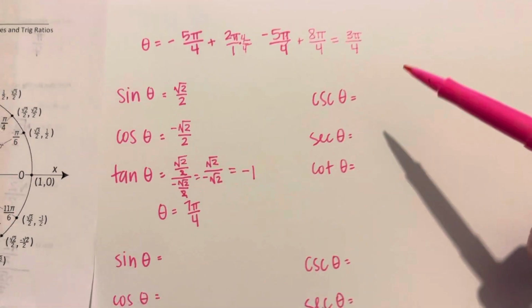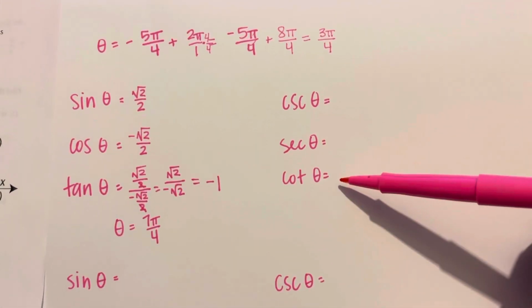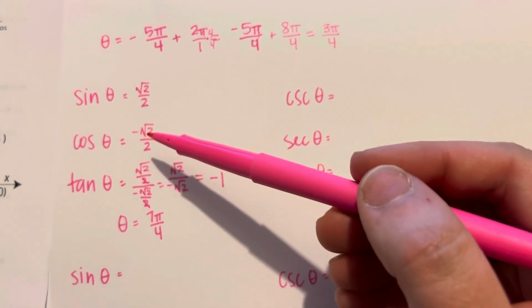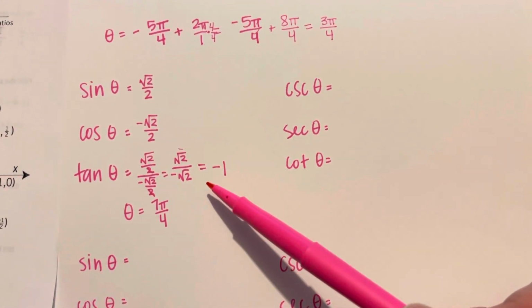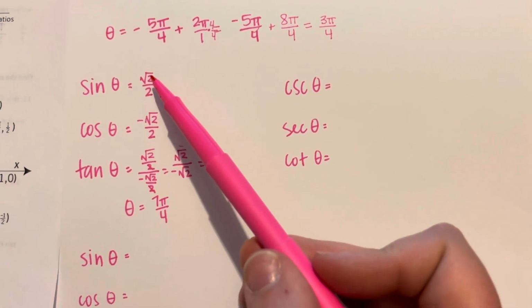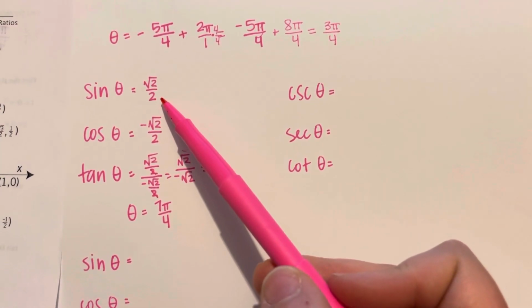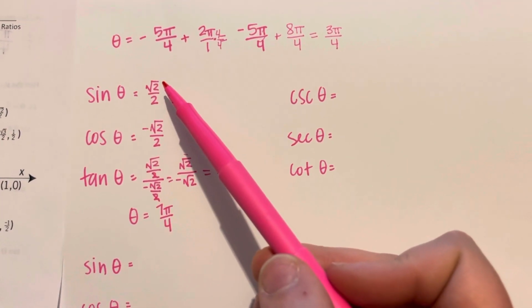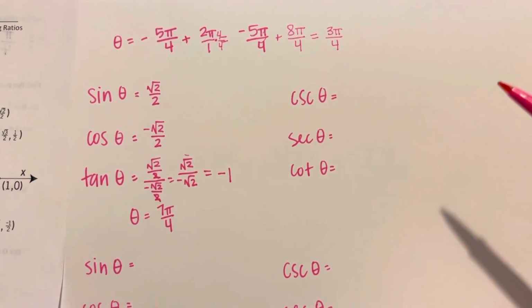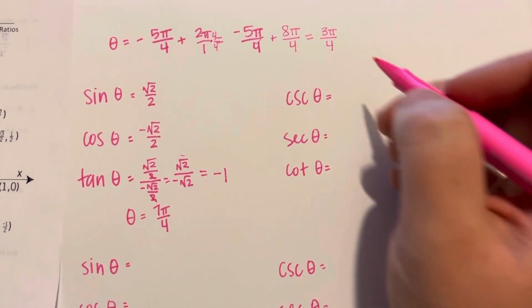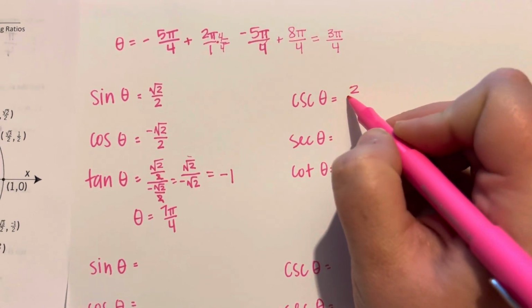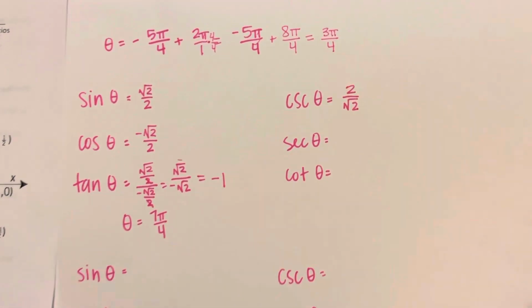To get this side over here, you're going to take the inverses of each of these. So for instance, this one is square root of 2 over 2 for sine. So you flip that or take the inverse. So 2 over the square root of 2.